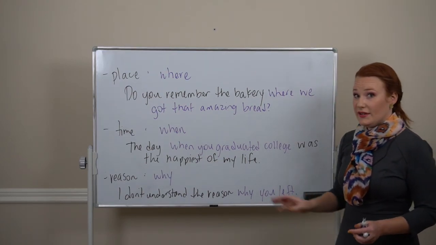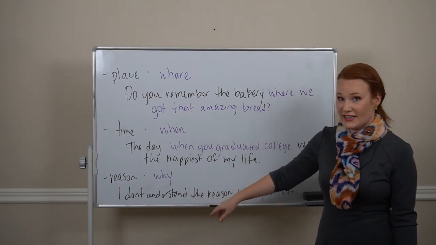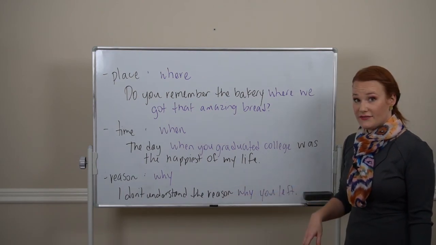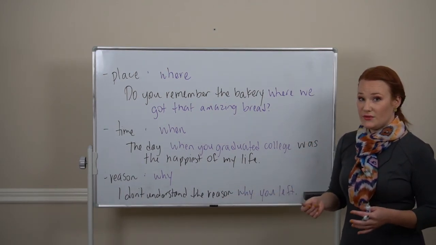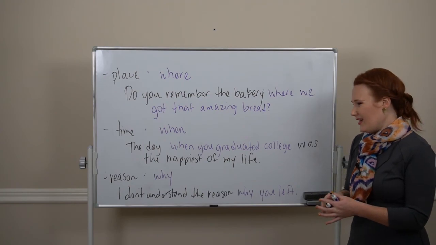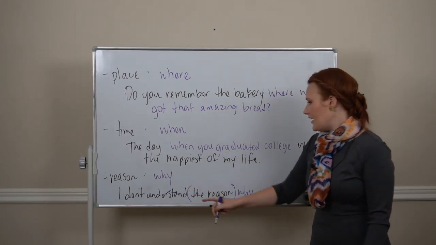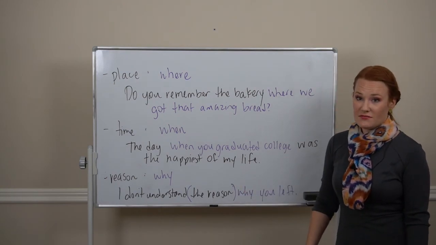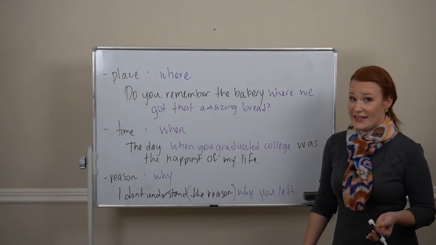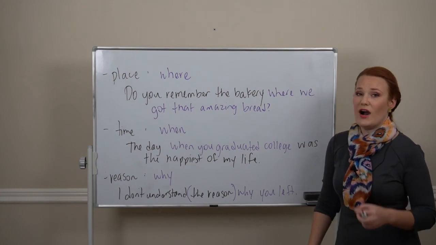All right, so here I'm specifying which reason, the reason why you left. Now, when we're doing reason with why, we can often just leave out the reason. I don't understand why you left. That would be a more common way to say this in English. I don't understand why you left.